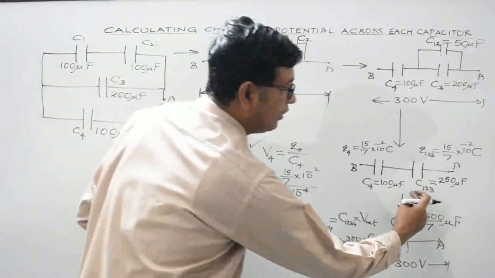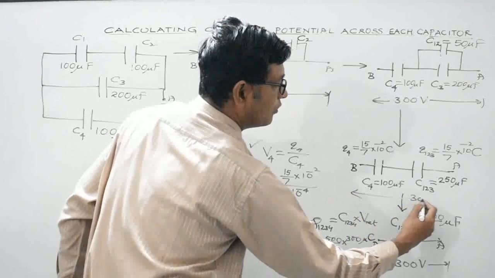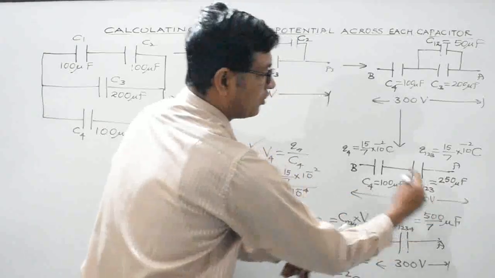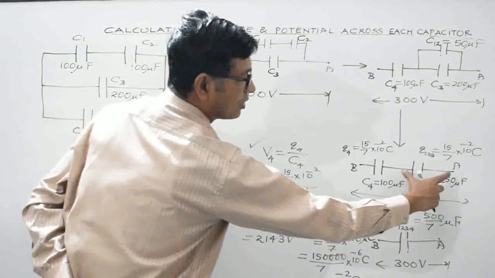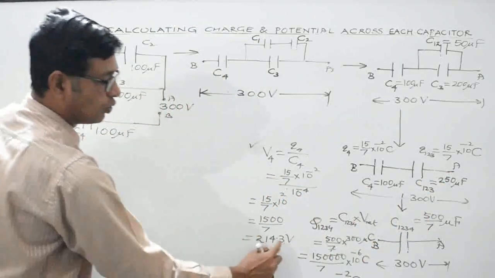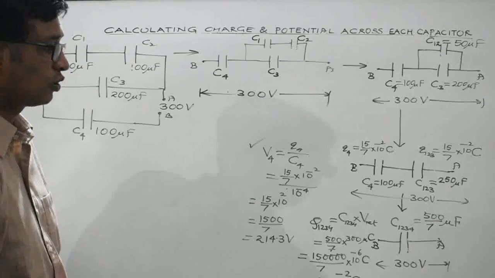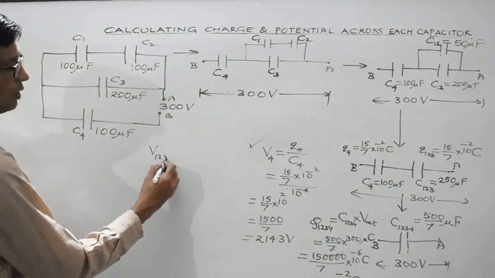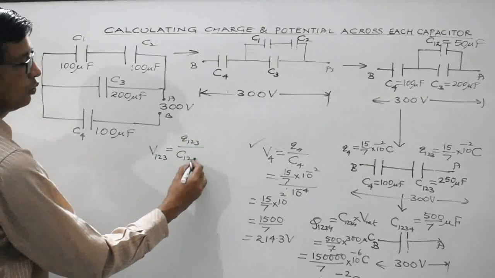Now how to get V123? Total PD across points A and B is 300 volt, and the potential difference across this plus this would be 300. So if we have determined the potential difference across this capacitor, then across the other it will be 300 minus 214.3. Isn't it? So we can also solve it. If we wish to calculate V123, it will be equal to Q123 divided by C123.